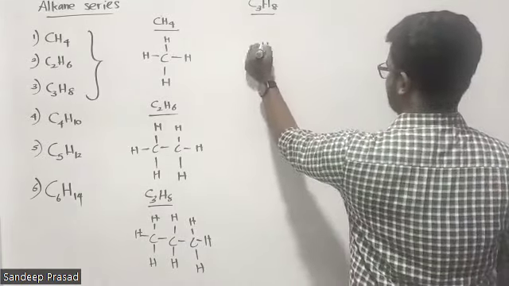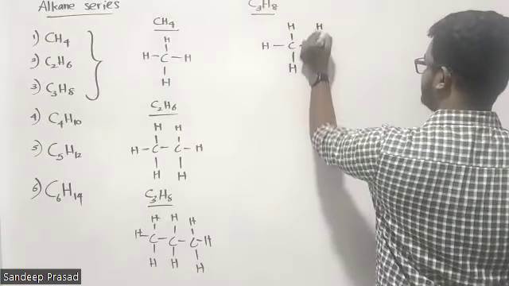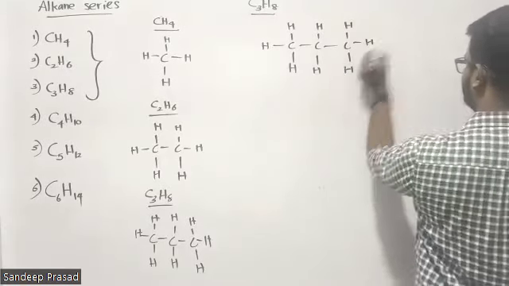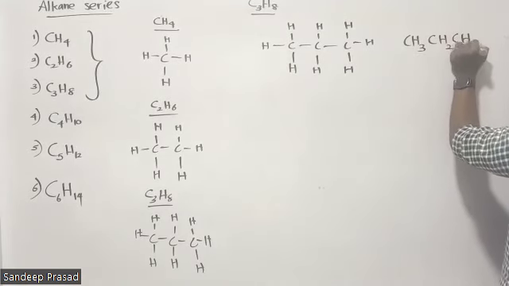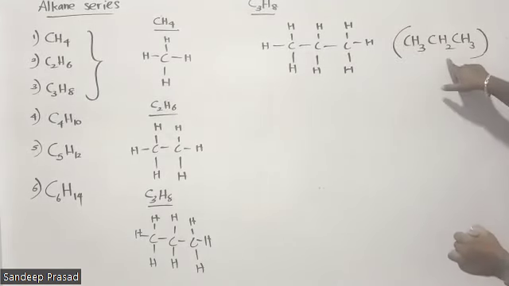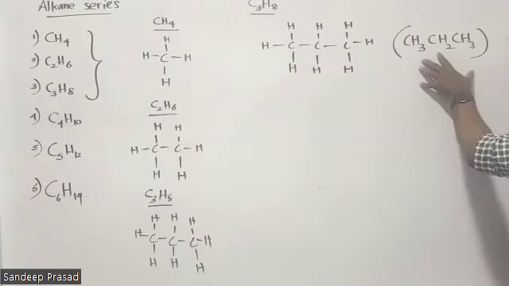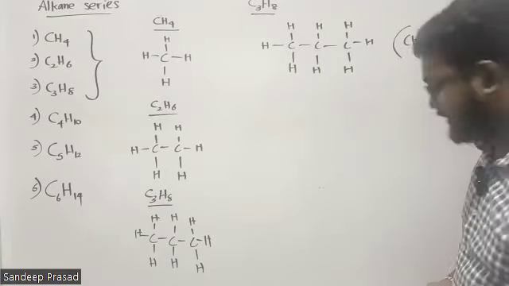Let's look at the structure for propane, CH3. So this is the structure, right? This is the shortest form of the structure. There is an advantage of drawing the shortest form of the structure. You can understand that, right?